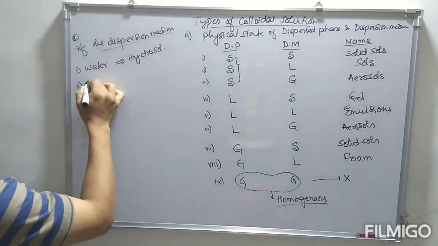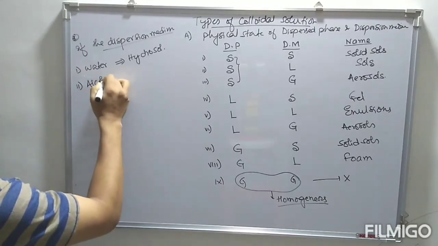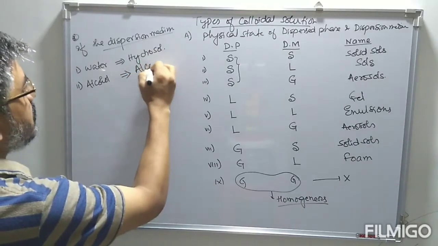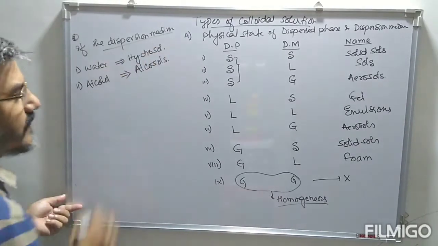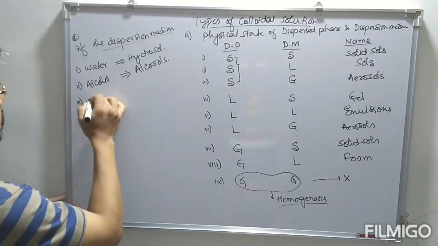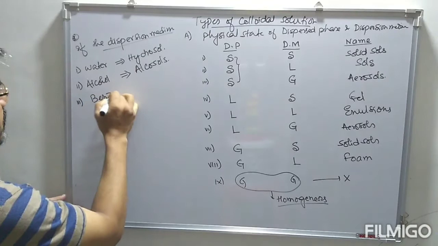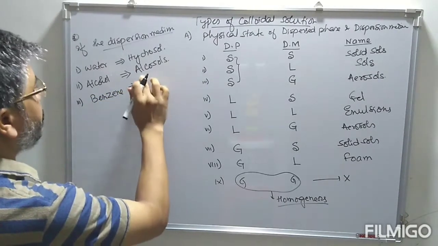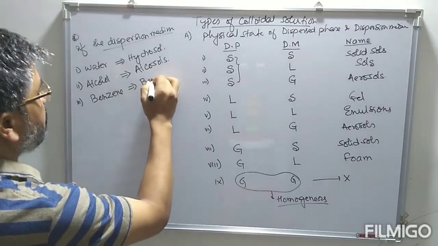If the dispersion medium is alcohol, then the colloidal solution is known as alcosol. If the dispersion medium is benzene, then these are known as benzesols.